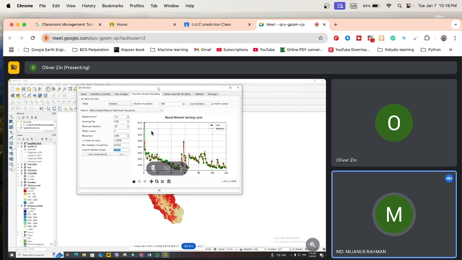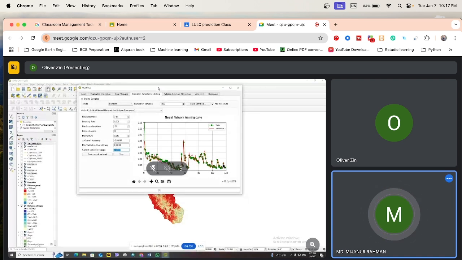In the graph, sometimes the training is very high but the validation is low. You can compare them, and sometimes it works very well.